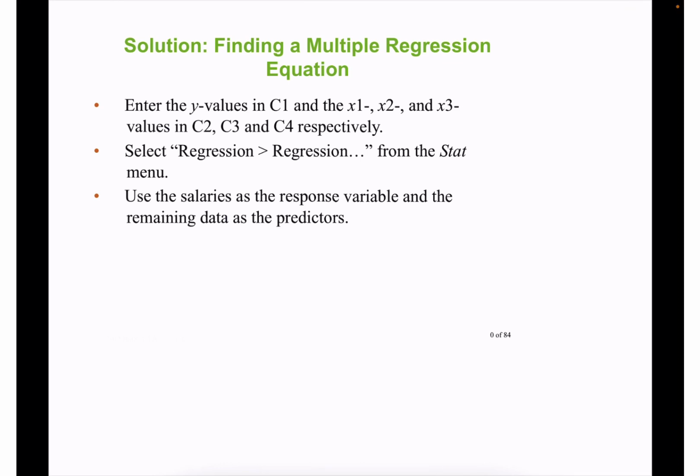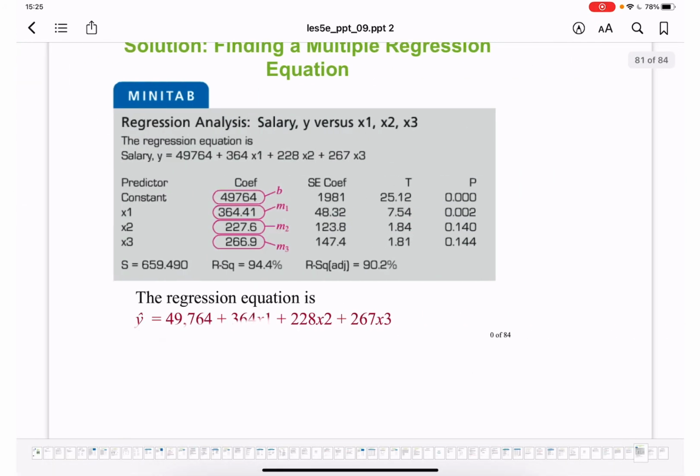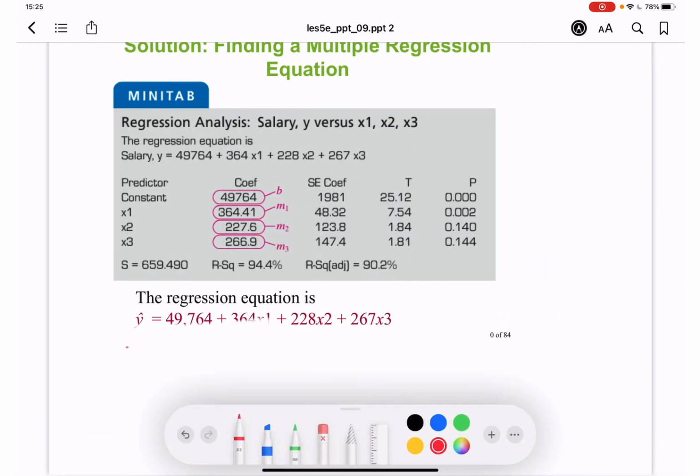It shows where to enter, but we don't need to go over this because we are not entering into Minitab or anything. So I'm skipping this. All we're going to get is, here we go, the regression equation.